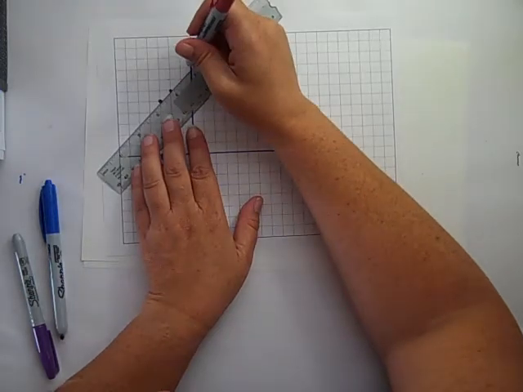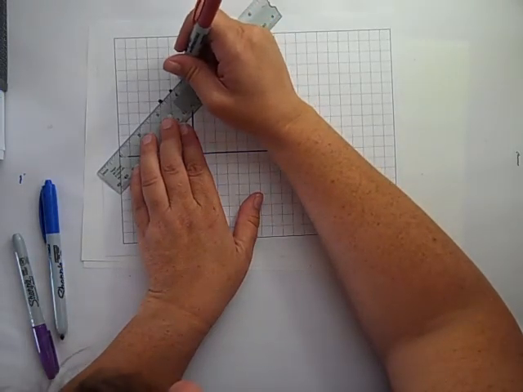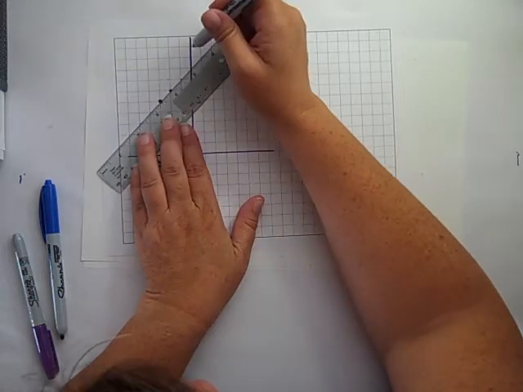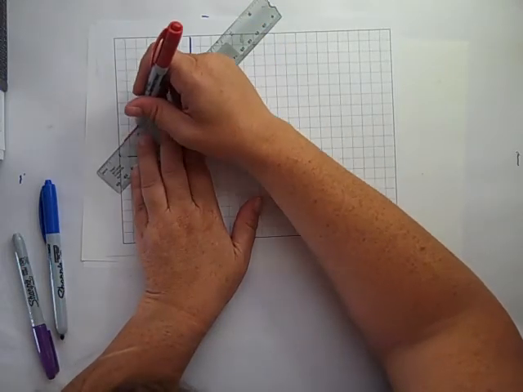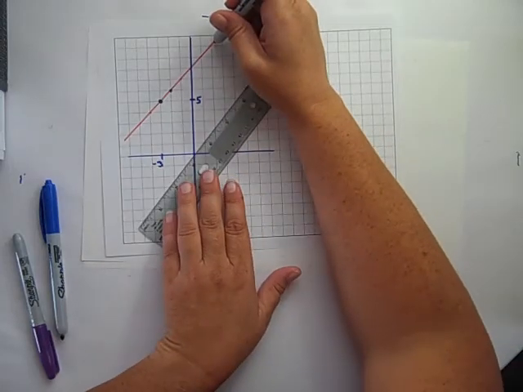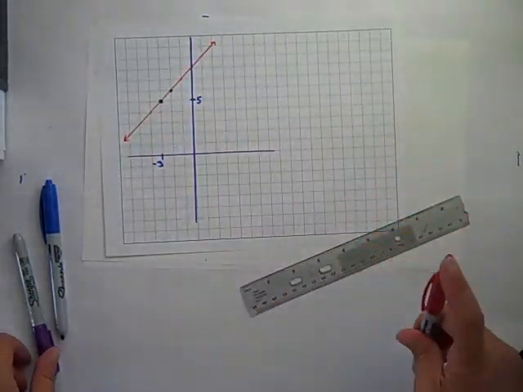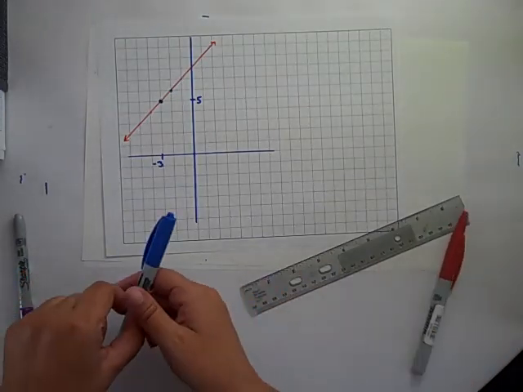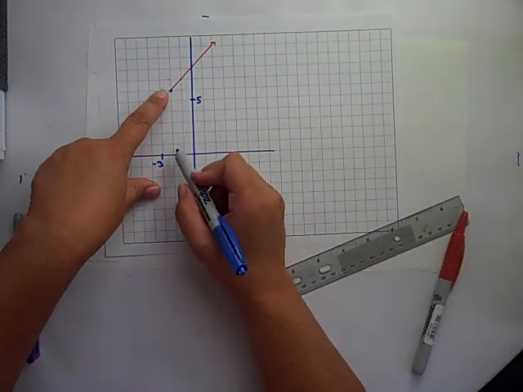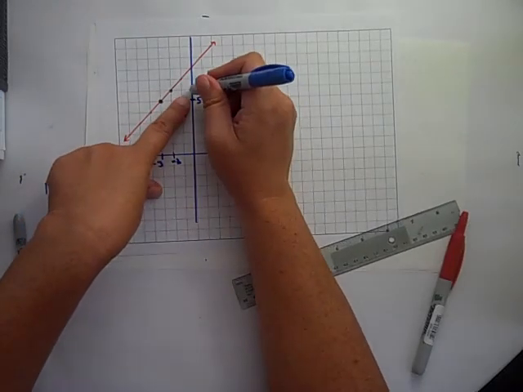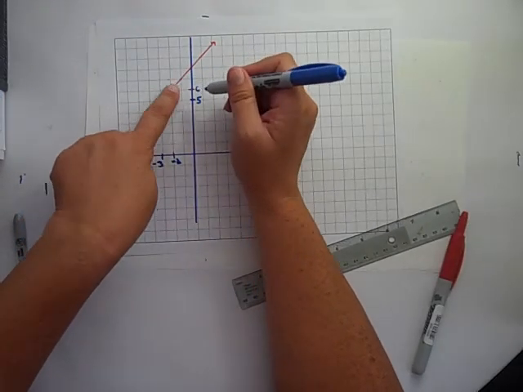Whenever you draw a line with a slope of 1, make sure it lines up with every square on your page. There we go. Put your arrows at the end. And now we'll mark the other 2 points. So this point is at -2, 6 because I went up 1 over 1.